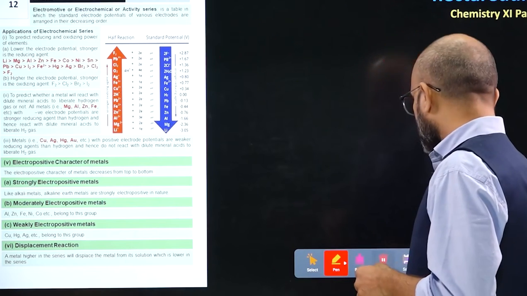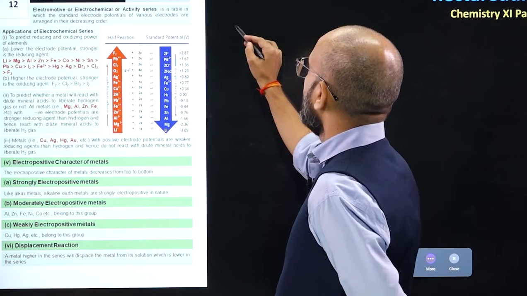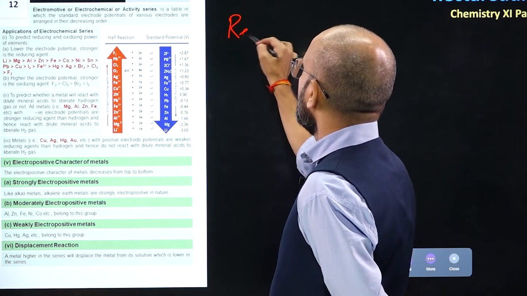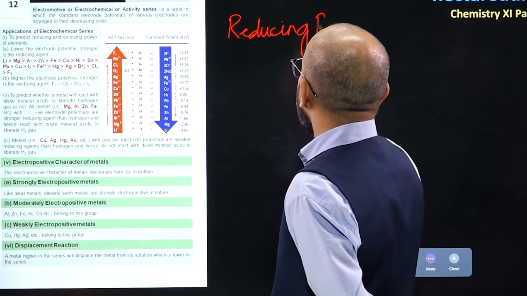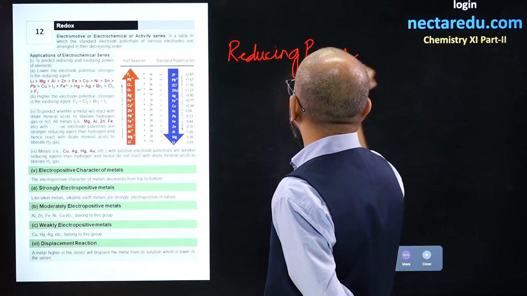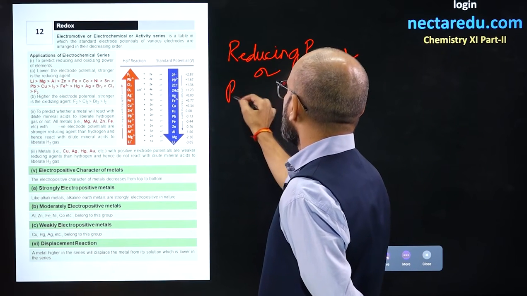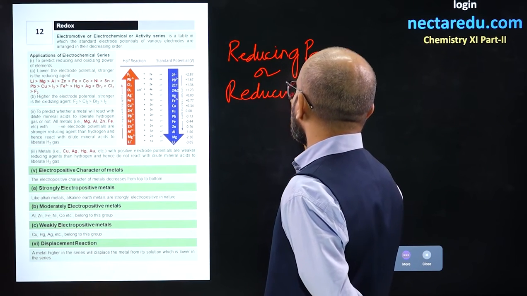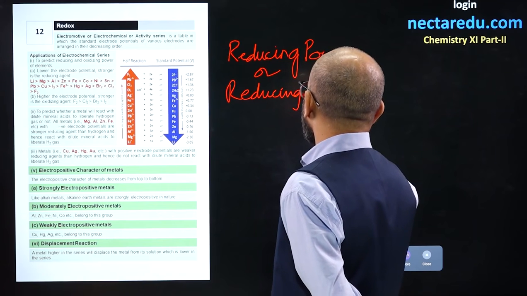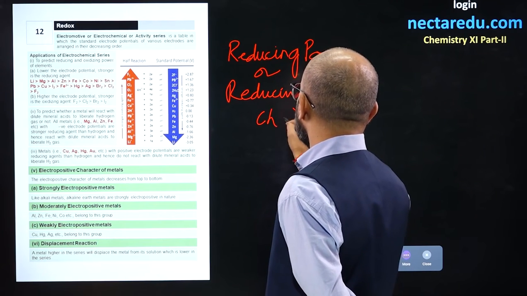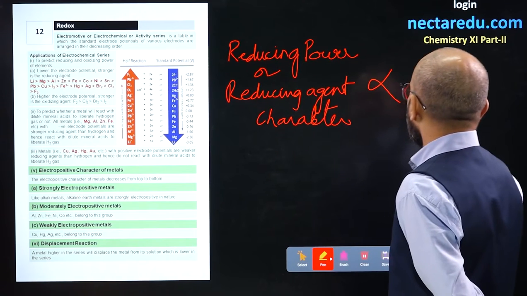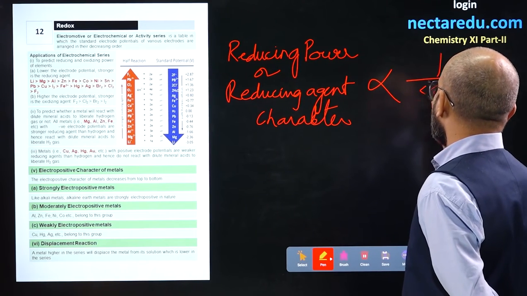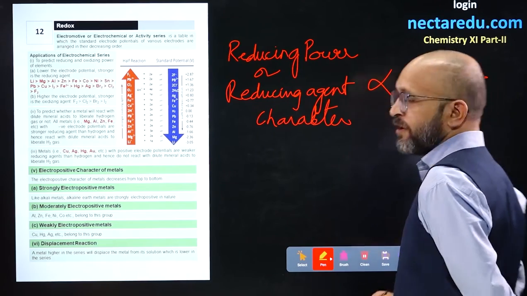Firstly, you can understand that reducing power, or reducing agent character, is inversely proportional to standard reduction potential or electrode potential.